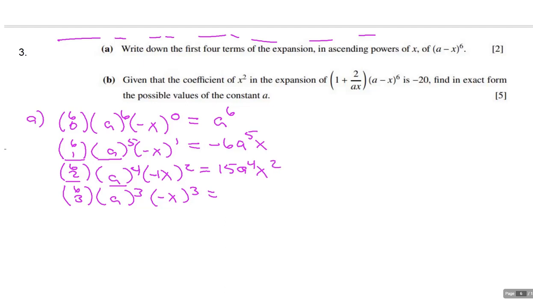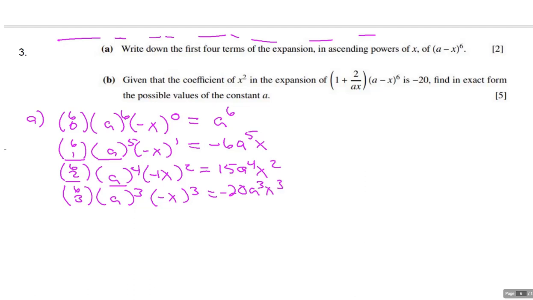And then what's 6 choose 3? 20. 20 times a to the 3rd times negative 1. Now, negative 1 to the 3rd is negative 1. So this is going to be negative 20 a to the 3rd x to the 3rd.